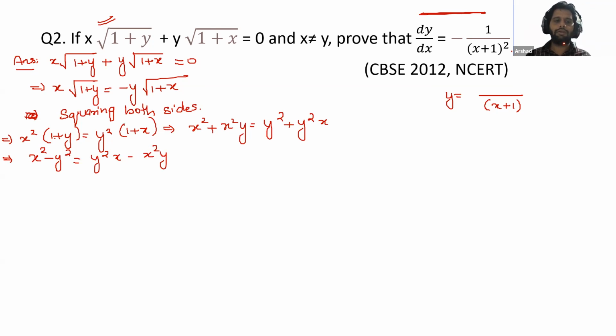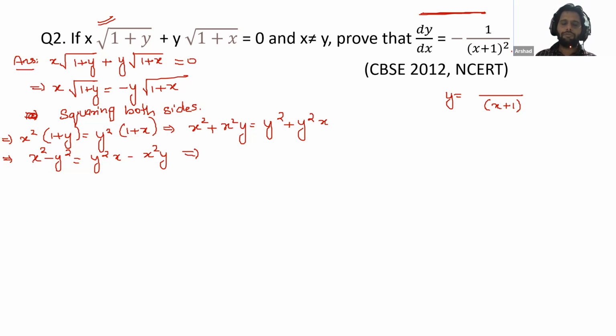What we have done here is just open the bracket. x square multiplied with 1 gives x square, x square with y gives x square y, is equal to y square into 1 is y square plus y square x. Shift this y square to the left side, so we get x square minus y square, and here we get y square x minus x square y.